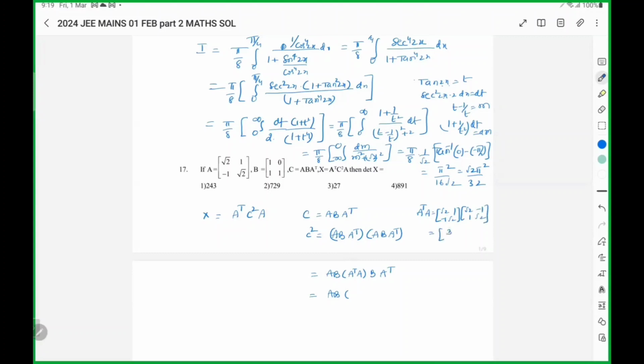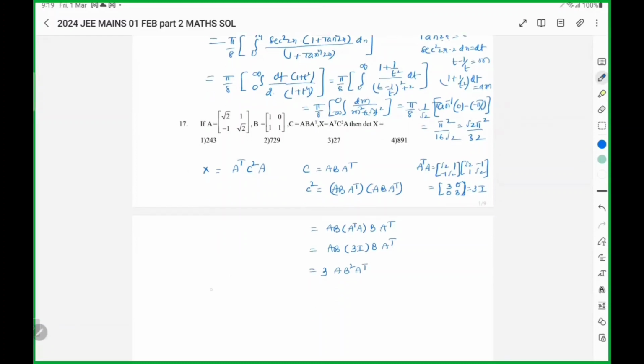So 2 plus 1, 3, 0, 0, 3, which is 3I. So it is 3 times A B square A transpose.